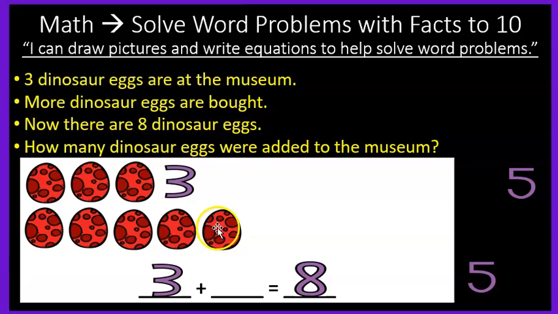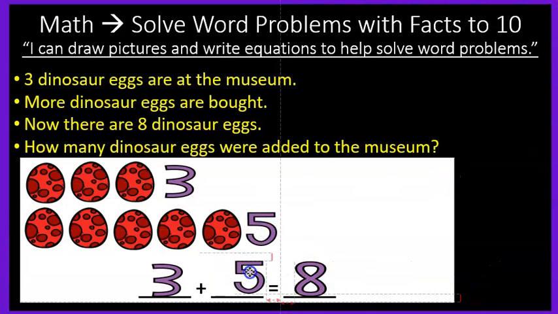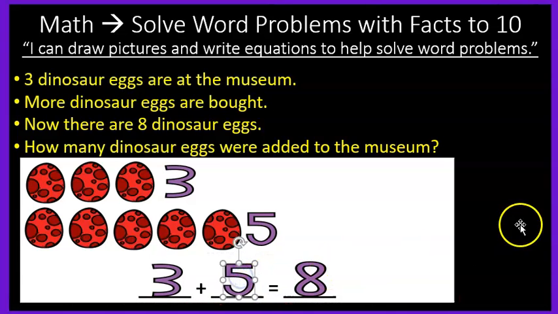How many eggs did we add here? Let's count. 1, 2, 3, 4, 5. So we now found our number that we need to put here. And all we do is put that number there. And look at that. Our addition equation is complete. How many dinosaur eggs were added to the museum?